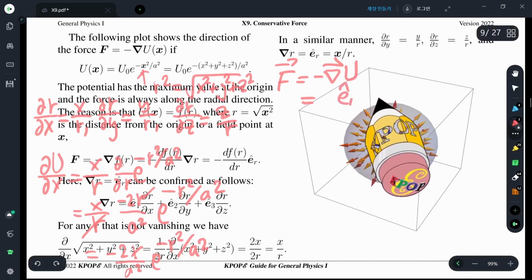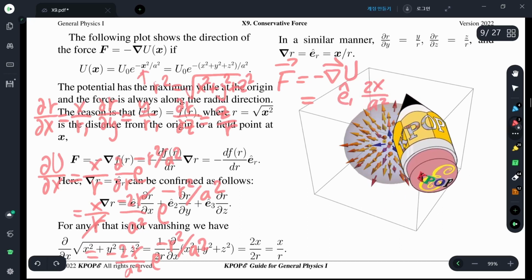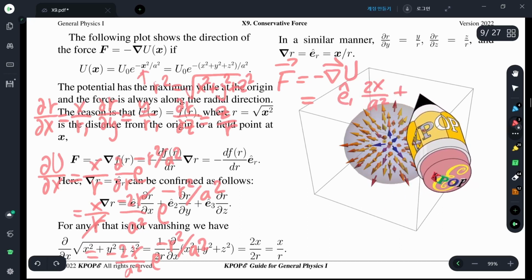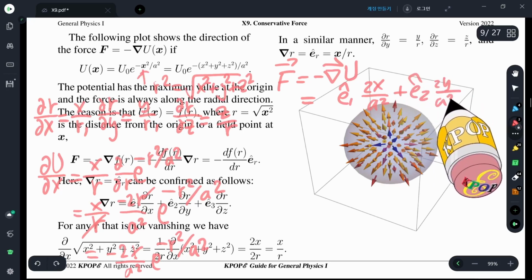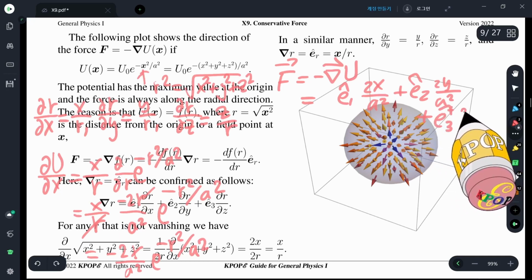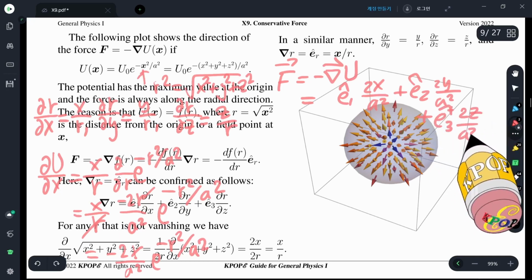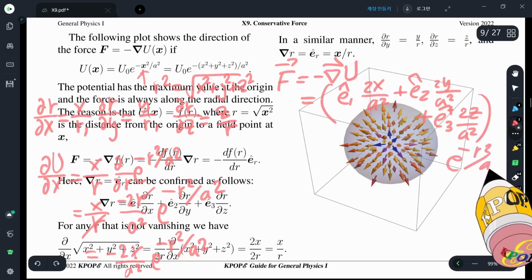E1 hat a squared 2x, E2 hat 2y, E3 hat 2z, e to the minus r squared over a squared.